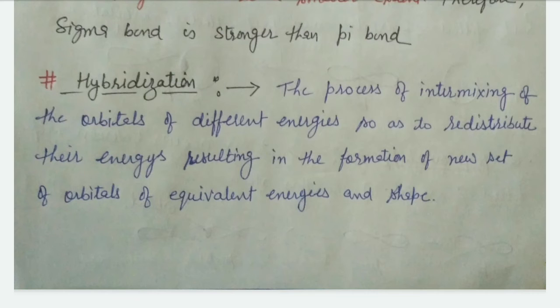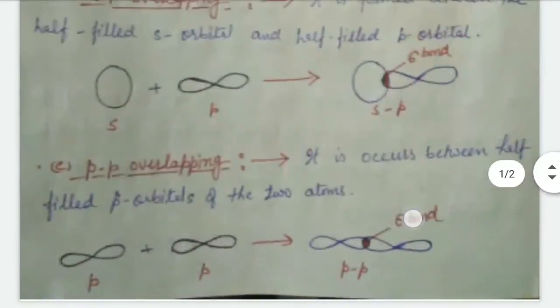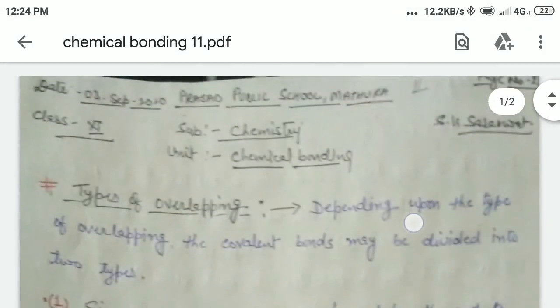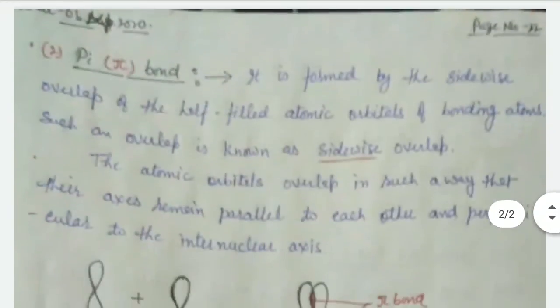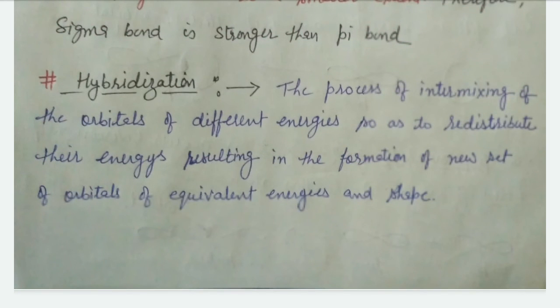It means orbitals of different energies are intermixed to form a new set of equivalent energies, which is called hybridization. That's clear? And now we are going to discuss the main features of hybridization.